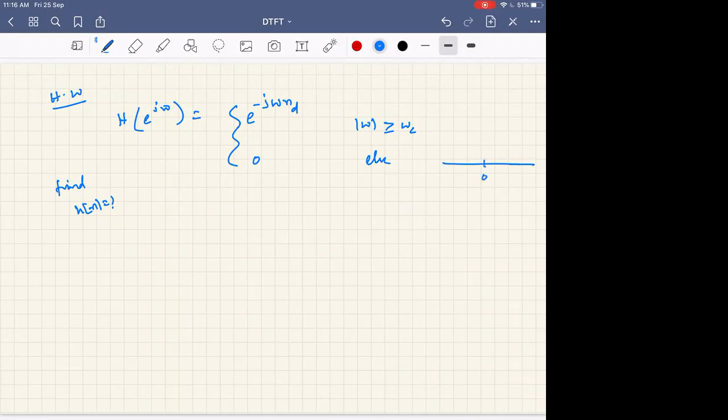I am not able to hear. Bandstop filter. Is there a better name for this? Band reject filter. Okay.